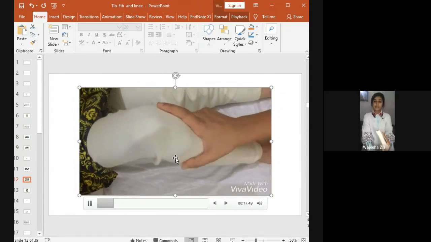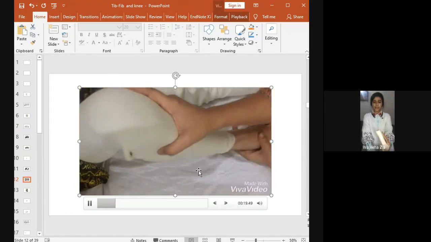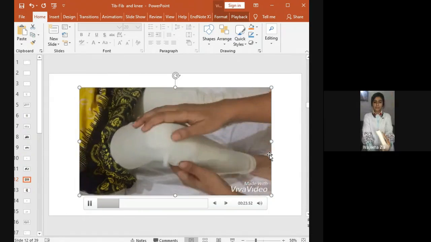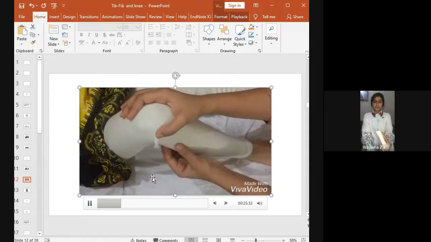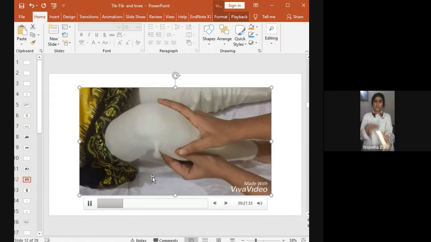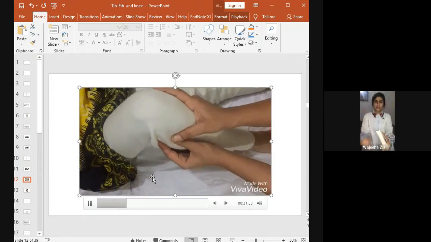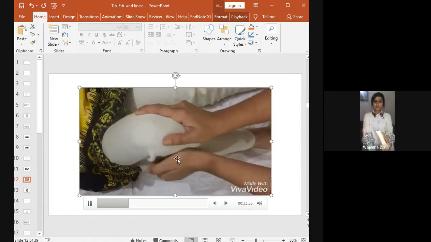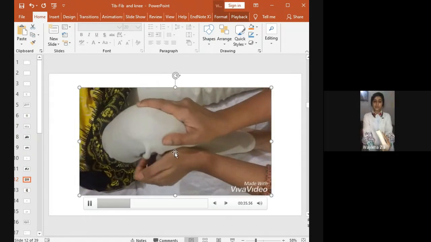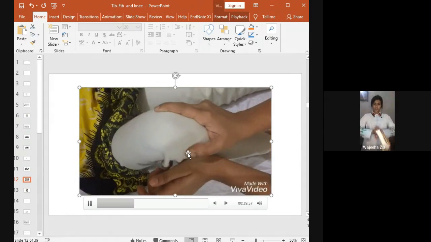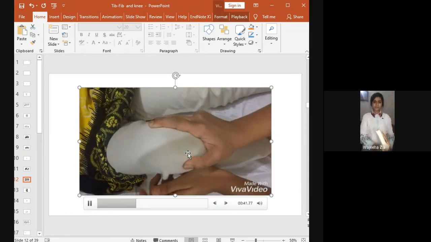Palpate the head of fibula at the lateral side, just below the knee joint, and the lower end of fibula is the lateral malleolus. So, for the posterior glide, sit on the patient's foot or ask someone else to provide stability by holding the foot. You can apply the glide with the help of thumb and with the help of the hand. So this is the posterior glide. You have to sit in front of the patient to apply the posterior glide.